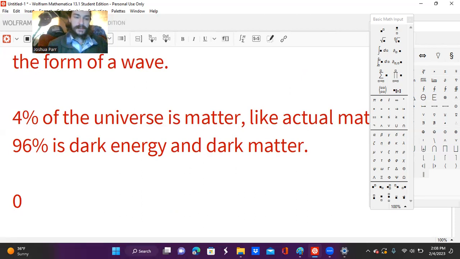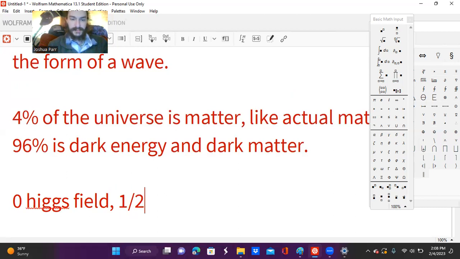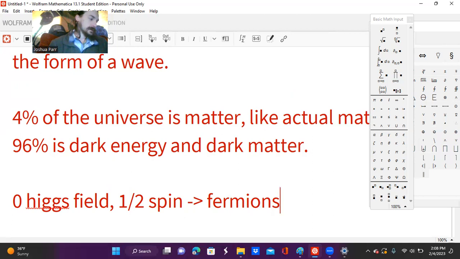Zero spin is the Higgs field, and then we have 1/2 spin, that is fermions. And that is quarks, electrons, neutrinos, and muons.